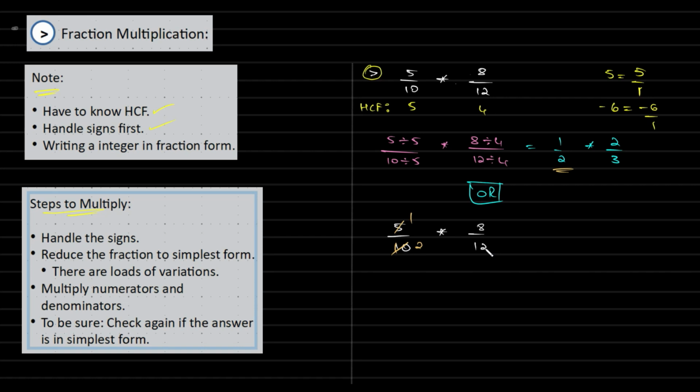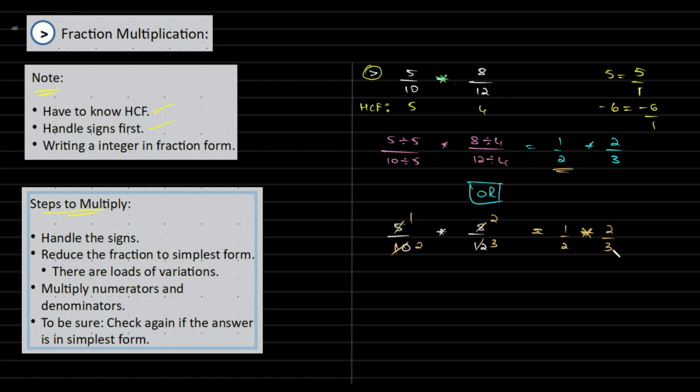Then 8 and 12, HCF is 4. 4 2s are 8, 4 3s are 12, so 2 by 3 is your new fraction. So we have 1 by 2 into 2 by 3. This is a shorter way of handling your fractions.